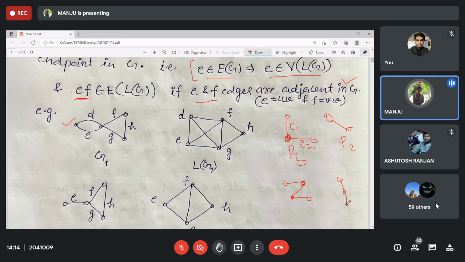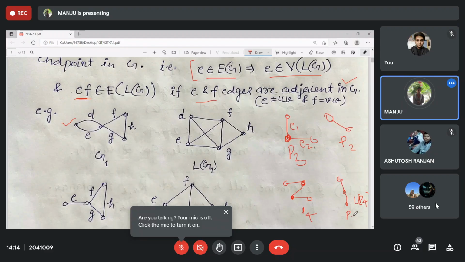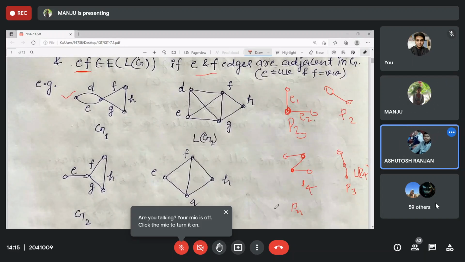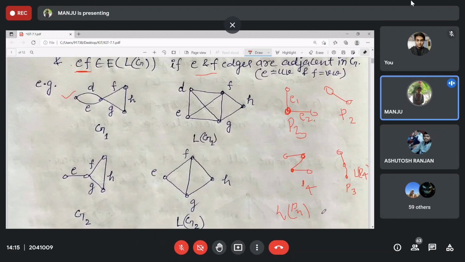This is P4, and this is the line graph of P4. Edges become vertices, so this will become P3. In general, what can you say about Pn? The line graph of Pn will be isomorphic to P n minus 1.